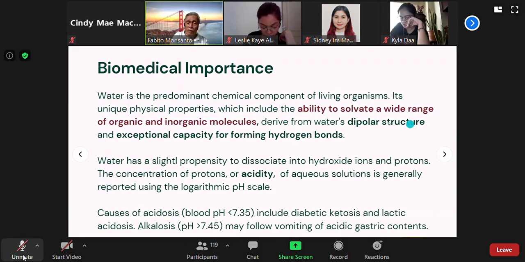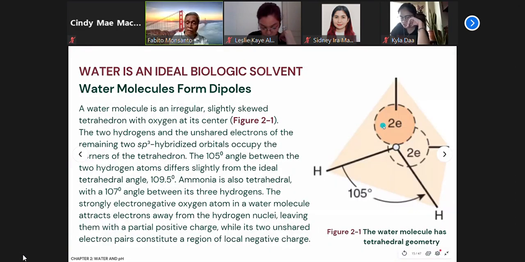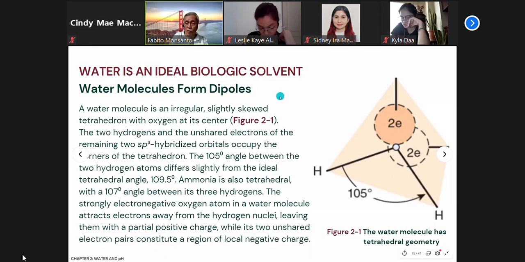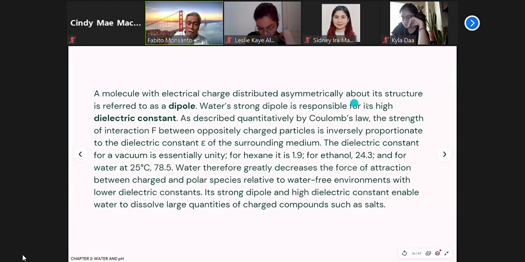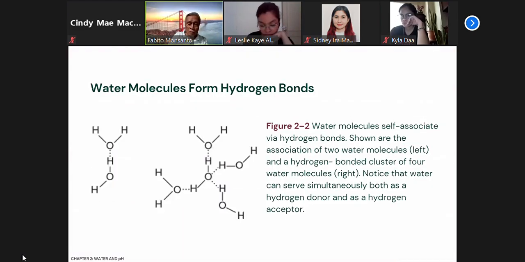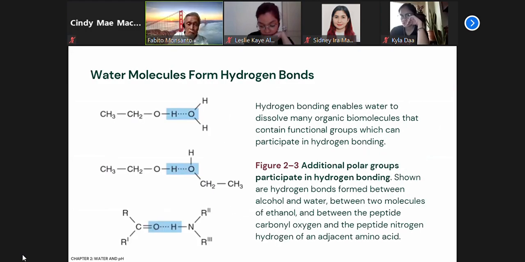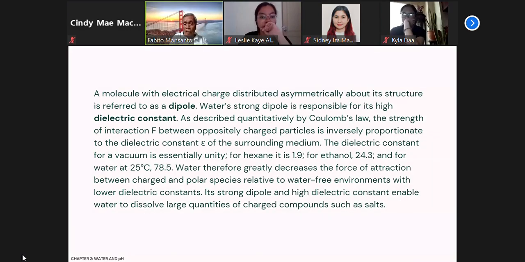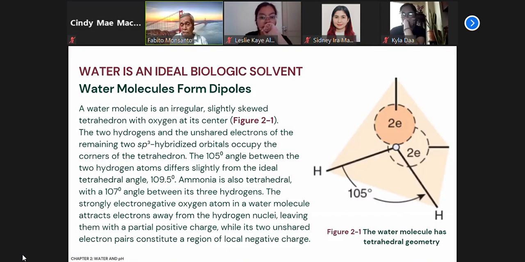There you are. Your water forms dipoles. This is the tetrahedral structure of your water.